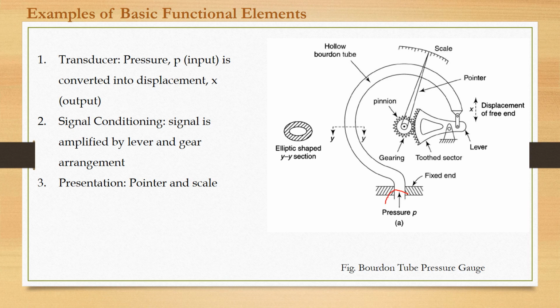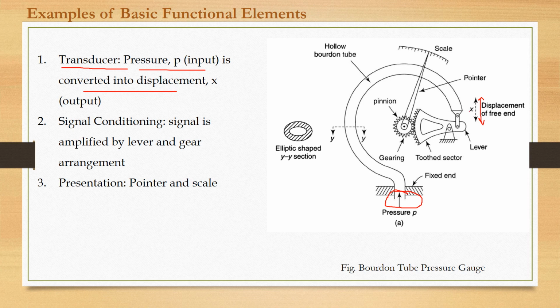From here the pressure which is to be measured is applied, and this will result in the deflection of this hollow tube, and this pressure is converted into the displacement here. So this hollow Bourdon tube is acting as the transducer because it is sensing the pressure and converting this pressure into the displacement.